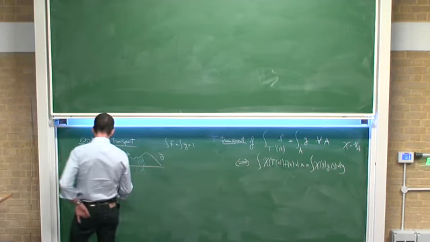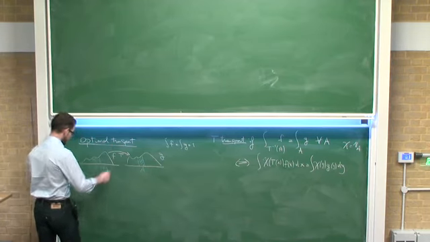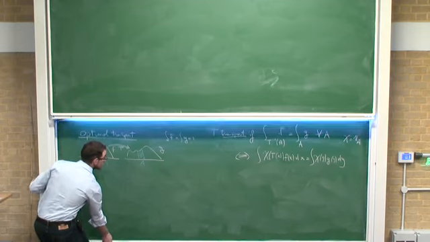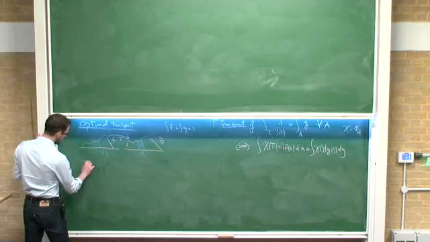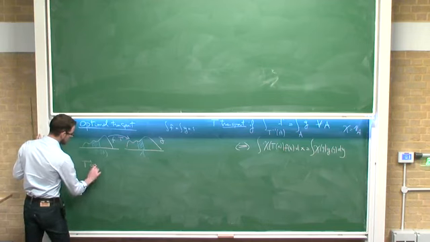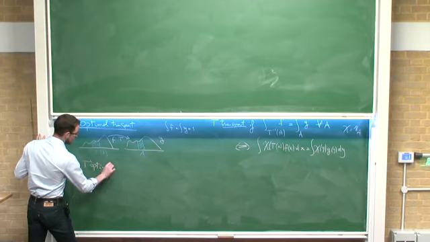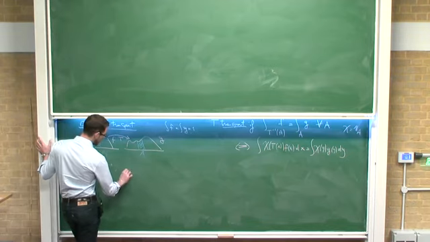And what does it mean to be optimal? So for optimality, T optimal, what does it mean? So we have a cost function.